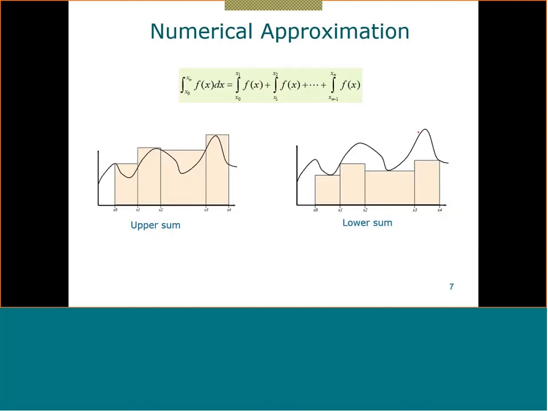So for example, this is the simplest way of trying to approximate the area under the curve. This is the curve that we have. Now we don't know this, let's say there is no closed form formula for this curve, and we want to find the integration, let's say from x0 to x4.